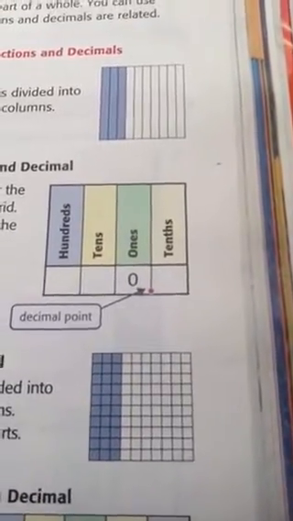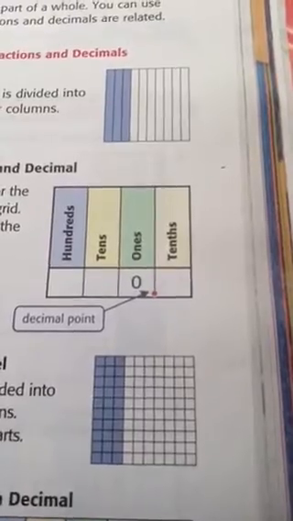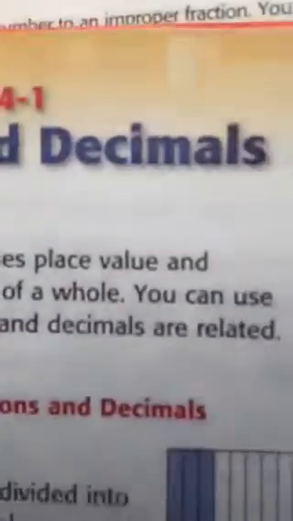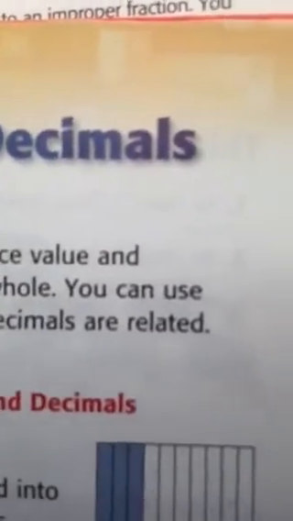Then we have our decimal point, which is that red dot. And then it's tenths. Okay? And our tenths are just a fraction cut into 10 pieces. So if we can see it right there, that top one. Okay? So a tenth is just the same as 1 over 10.